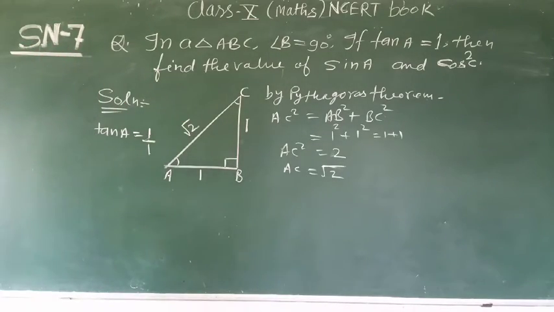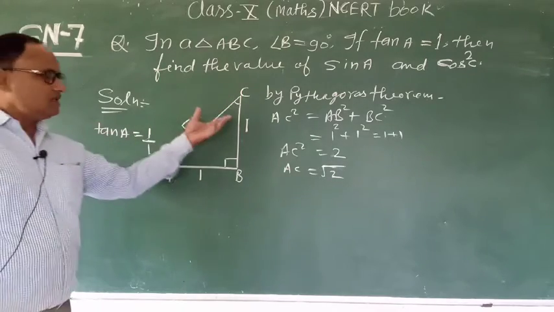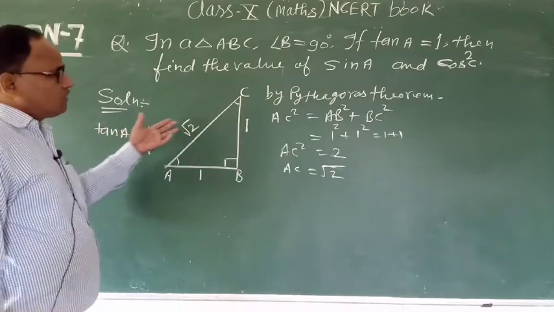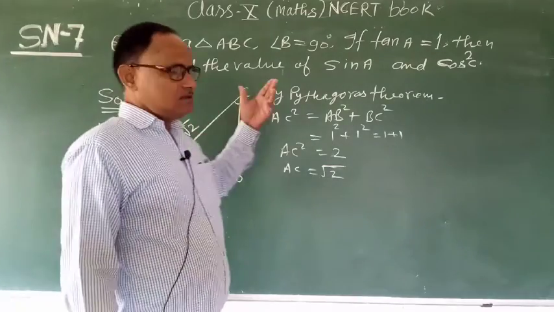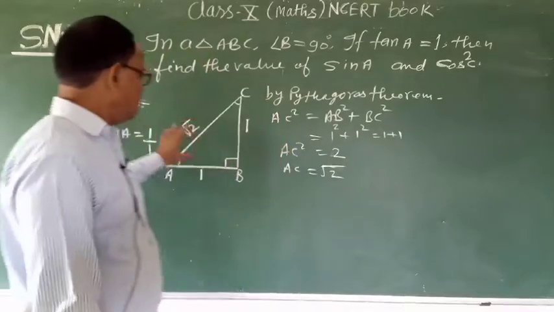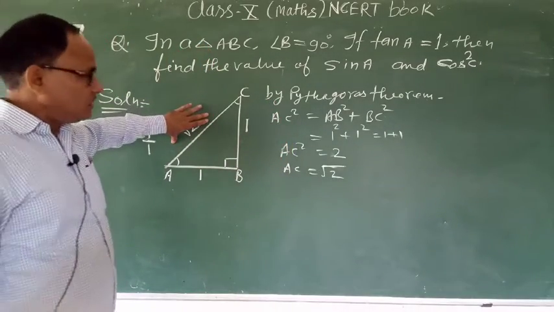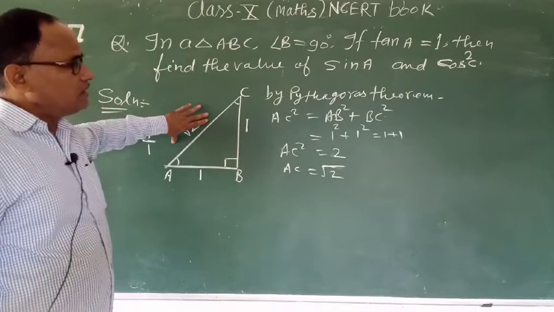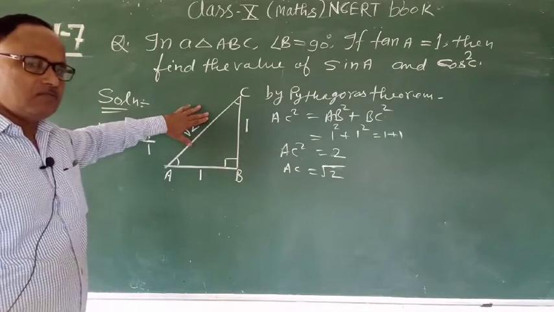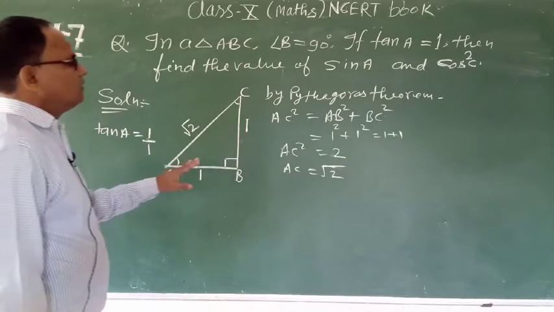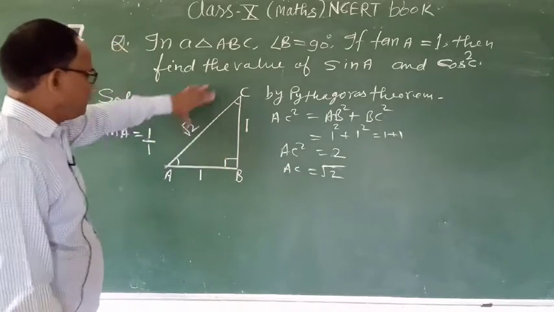Okay, student. Here three sides are clear. When three sides are clear, then you can determine any of the 6 ratios. Here tan A is equal to 1 by 1, and we determined the value of AC.